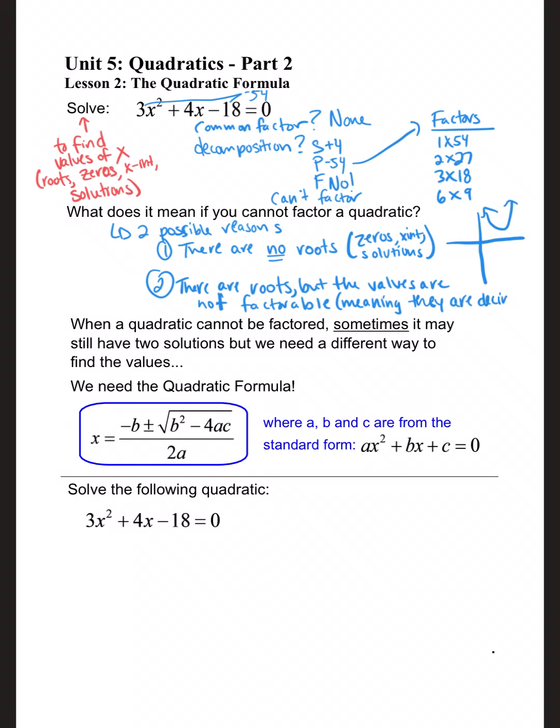Because whenever we look at factor pairs, we're always looking for a whole number. Sometimes the two numbers that multiply together in factoring might be a decimal, and we are not going to know all those possible decimal values. So we need some other formula to help us figure that out. When a quadratic cannot be factored, there might be two solutions, and we need a different way to find those two solutions. That's where we use our quadratic formula.